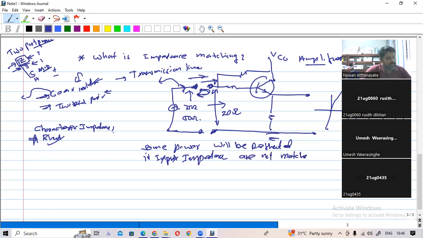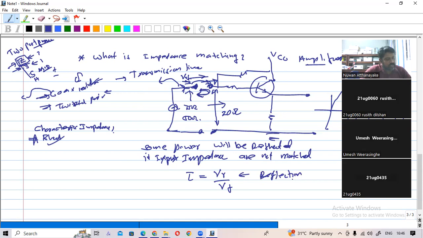So here is one impedance, here is one impedance. When the signal is transferred from this impedance to this impedance, some power will be reflected. This happens in voltages also. If the forward voltage is VF and the reflected voltage is VR, then VR divided by VF we call the reflection coefficient.